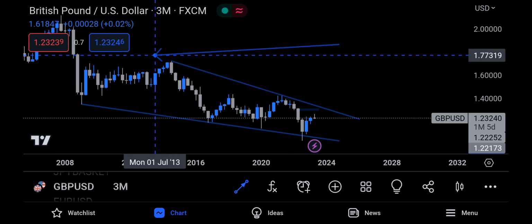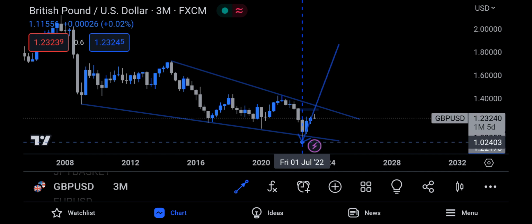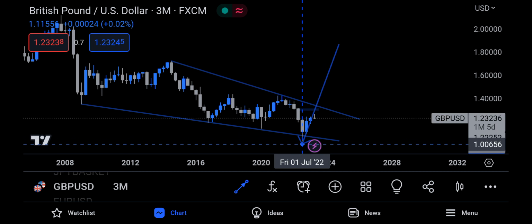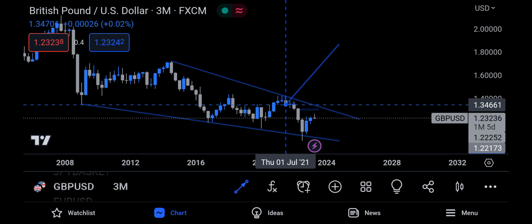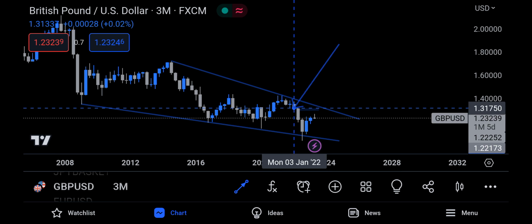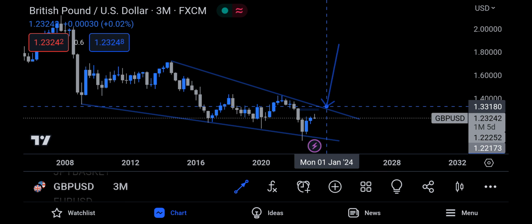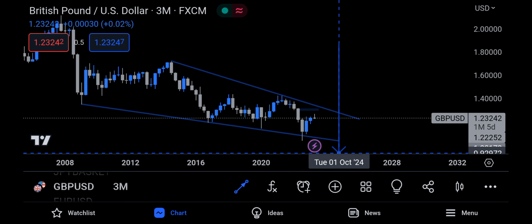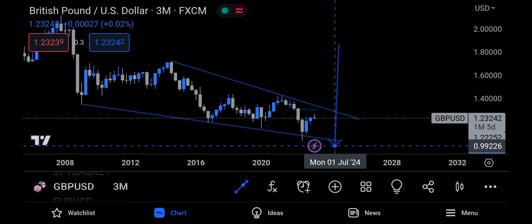We have our first touch here, our second touch here, and we started flowing down. So from this second touch, we had this impulse move to the downside. However, we have a 3 month supply here. So after this impulse, there must be a correction, for a possible continuation to the downside, since it's a downtrend.